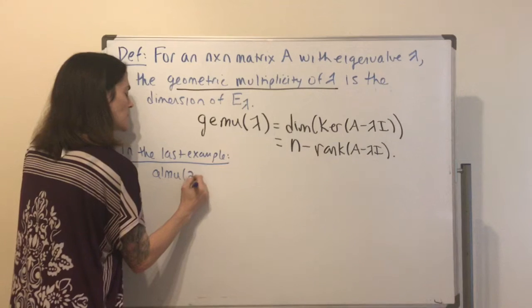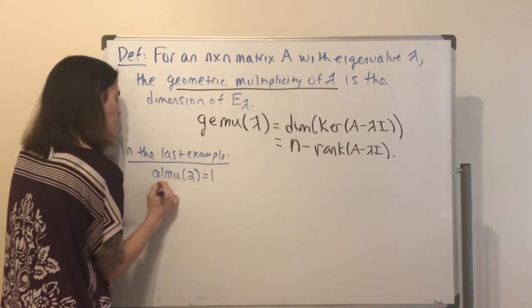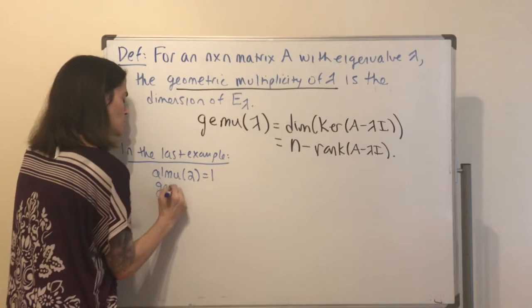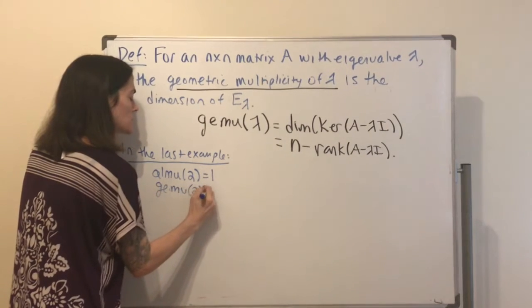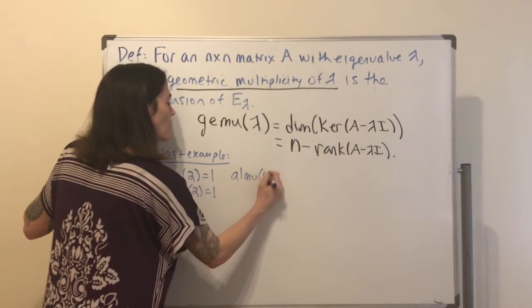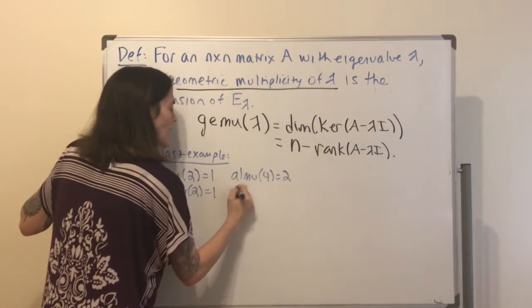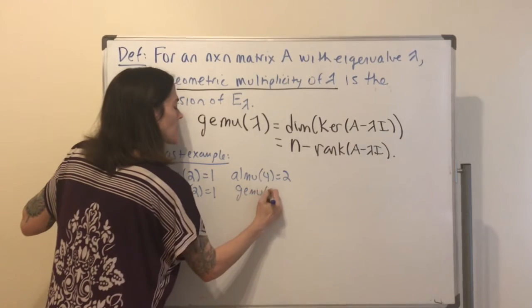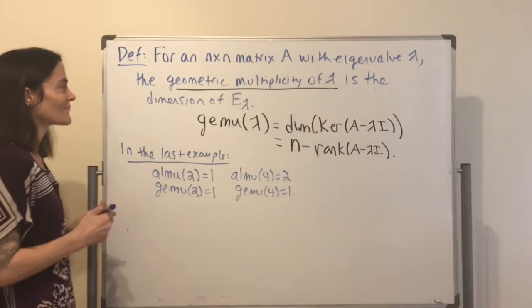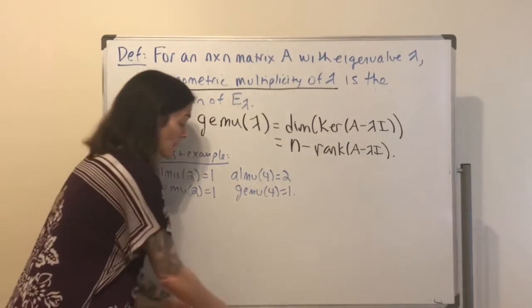The algebraic multiplicity of 2 was 1. The geometric multiplicity g mu of 2 is 1. The algebraic multiplicity of 4 was 2. And the geometric multiplicity of 4 was only 1.